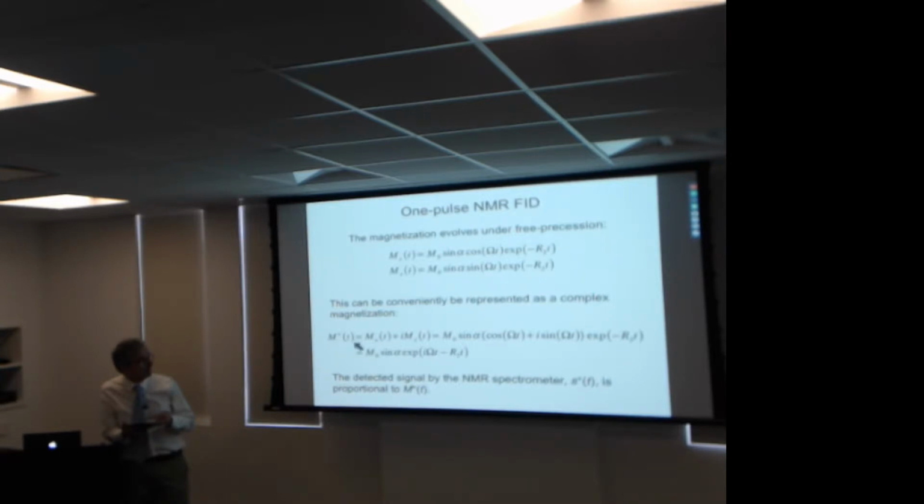Usually M plus, we could have picked M minus. That's just a convention that I'll usually pick M plus as what we detect. So M plus is the X magnetization plus i times the Y magnetization. And that's convenient because then the trig factors by Euler's law turn into a complex phase factor. So this is a nice compact expression.